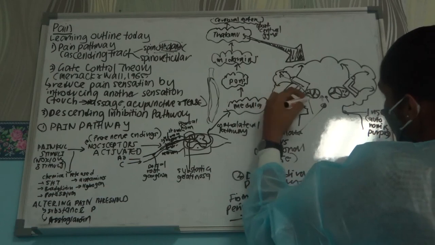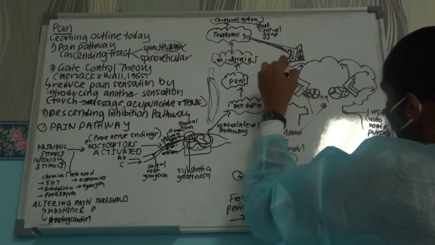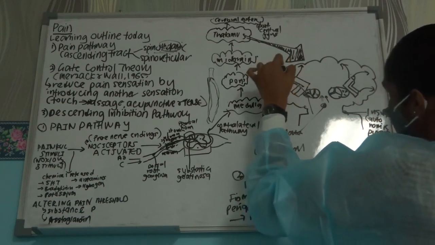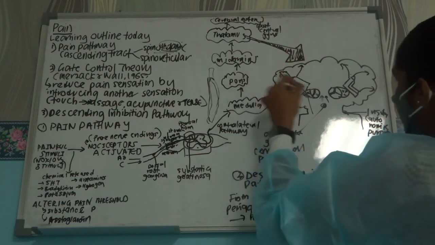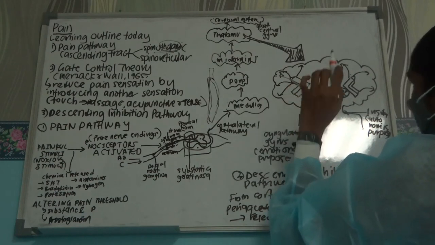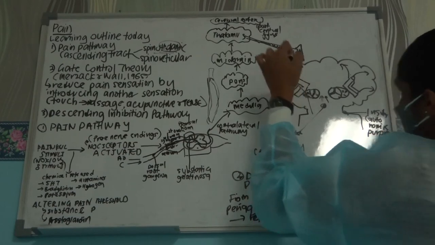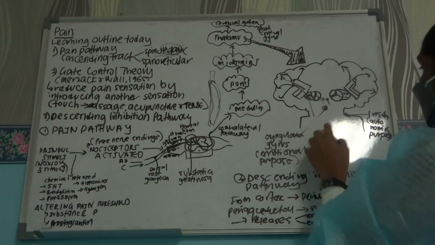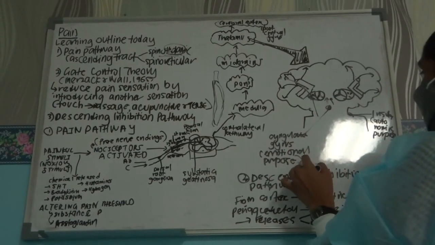So the fast pain will go straight to the VPL and to the cortex, the post-central gyrus, and then it will get the information and start to read and interpret. If it is slow pain, it goes from the intralaminar to the internal capsule to the cortex.